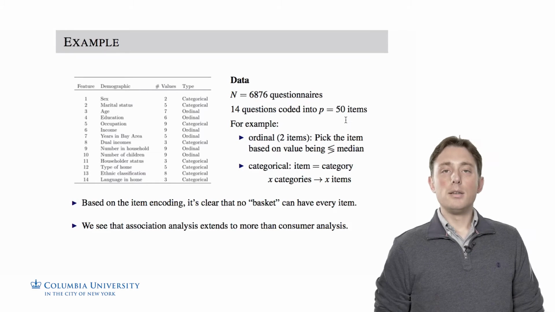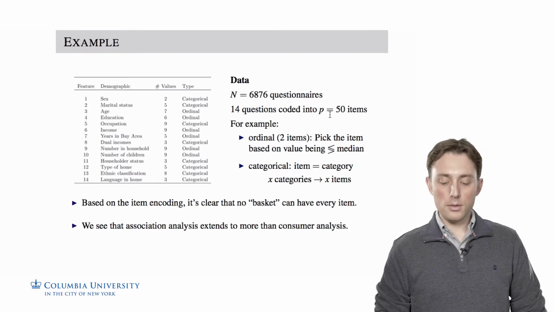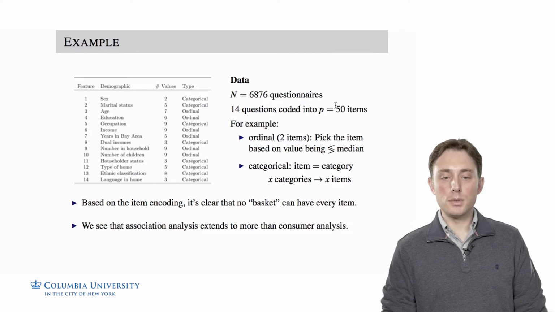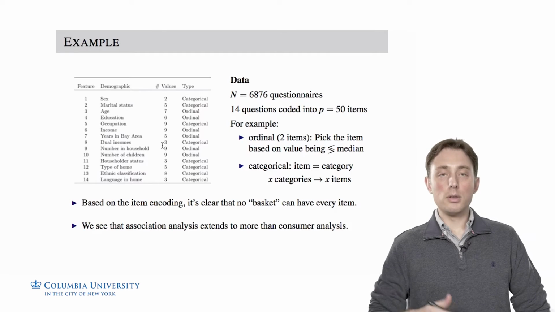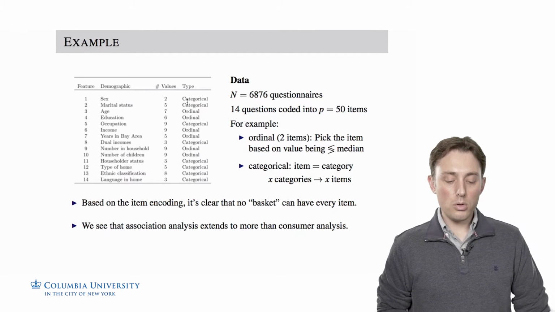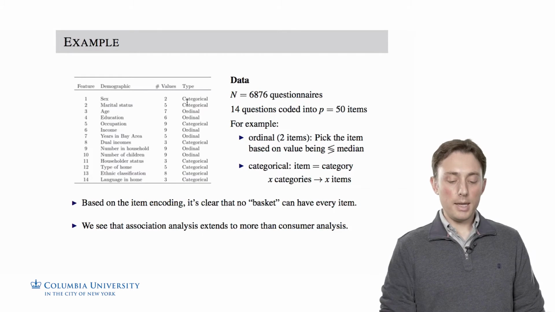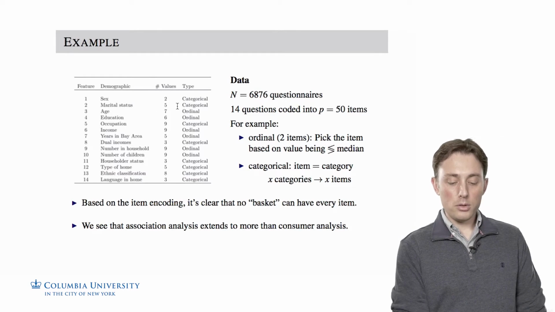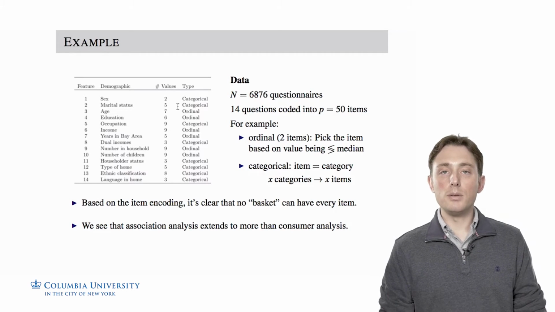So what we did was, for this problem, we created 50 different items, and we did that based on whether the response was categorical or ordinal. So if it was a categorical response, then however many categories there were, that many items. So for example, for marital status, there were 5 different categories, and so we turned that into 5 different items.